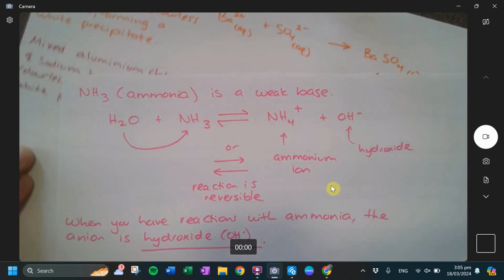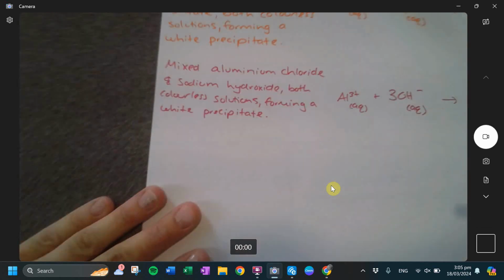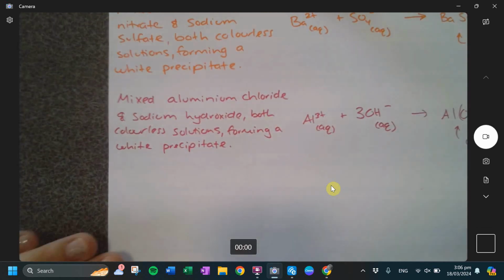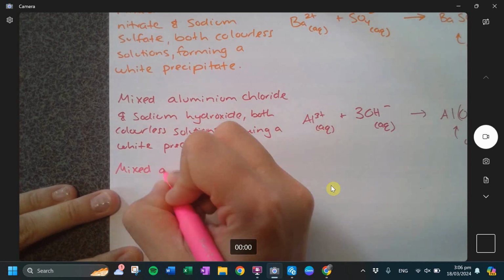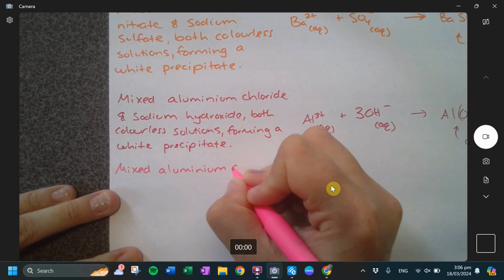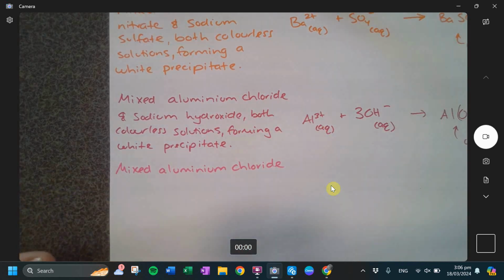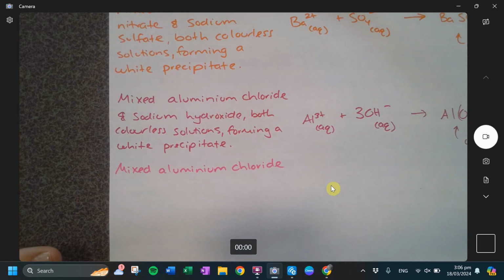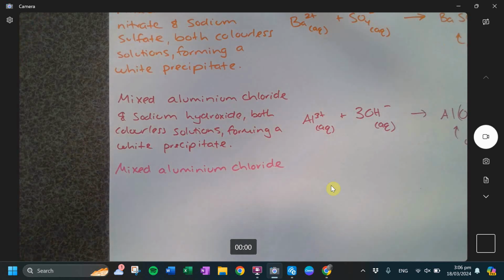All right. So if I was to go back to here, and I was to write down what was happening, we mixed ammonium chloride, aluminium chloride. We mixed this with the ammonia.